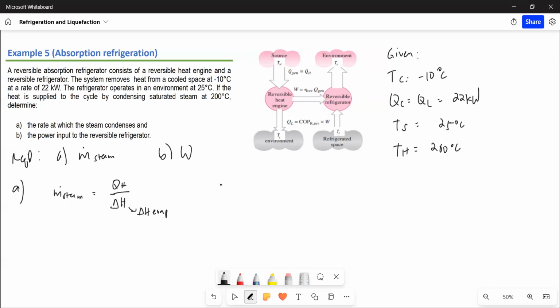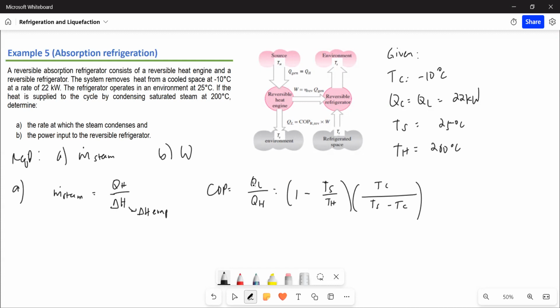And the COP formula for a completely reversible absorption refrigeration cycle is QL or QC, so that's referring to the same, equal to 1 minus TS over TH, divided by TC over TS minus TC.